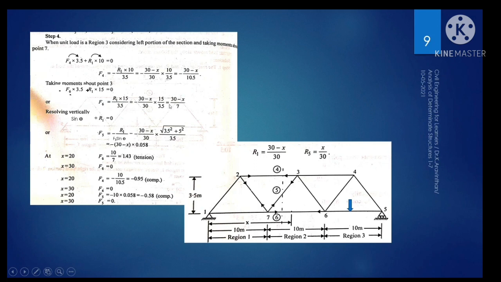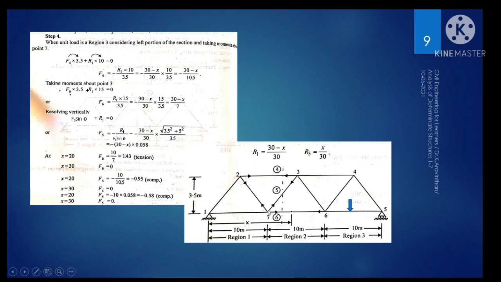You will be getting this equation. Then for member 5, you want to resolve it vertically. To resolve it vertically, we already discussed. If you are at point 3, this member, the opposite side of the member is at joint 7.